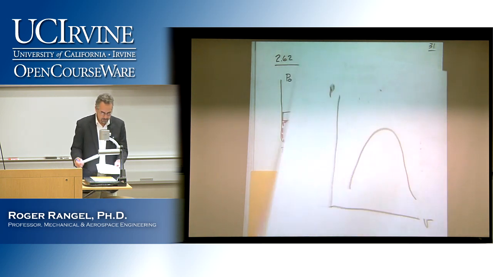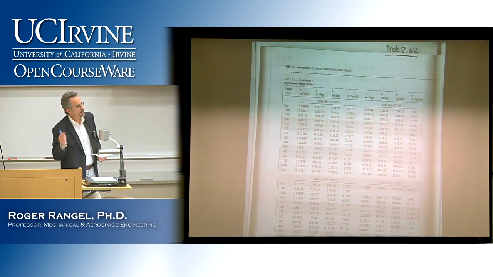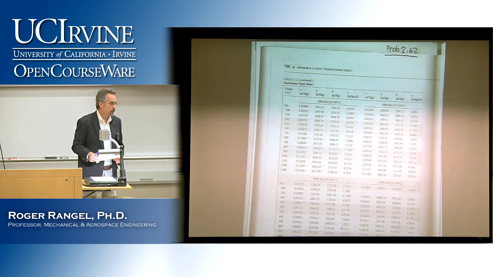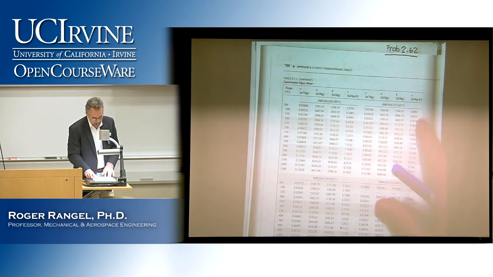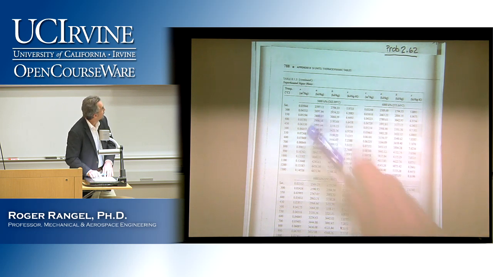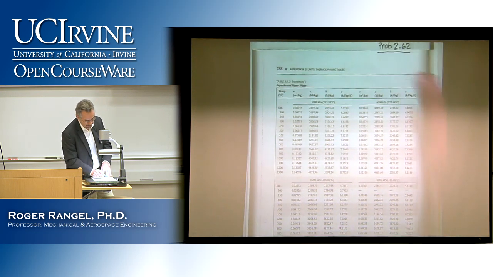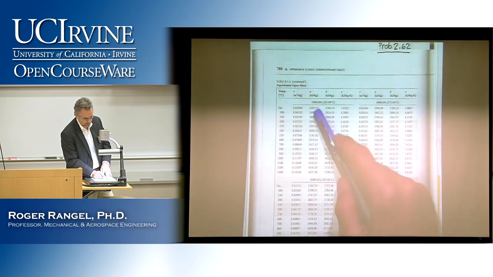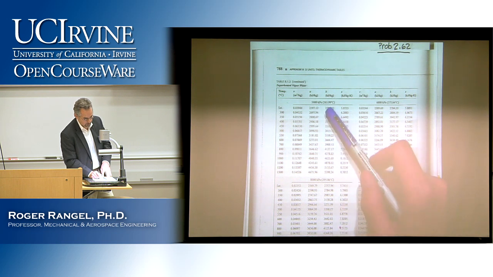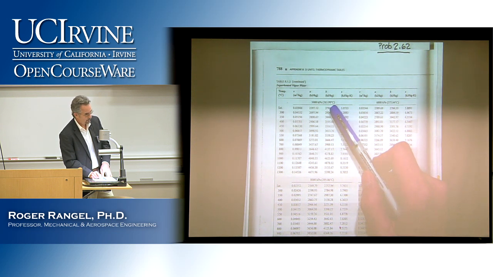If I look at this table, I could start with a saturated table, or I could just go into a superheated table. So if I go to a superheated table, I would go to this one, for example, and look at the subtable for my pressure, 5 megapascals. I already have a temperature there in parentheses, 264. What is that temperature? Saturation temperature at that pressure. So that's already an answer to my question.